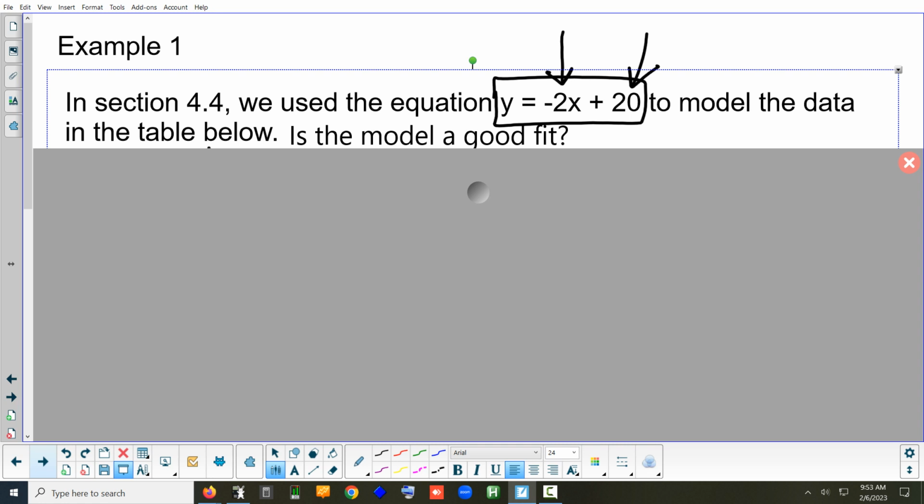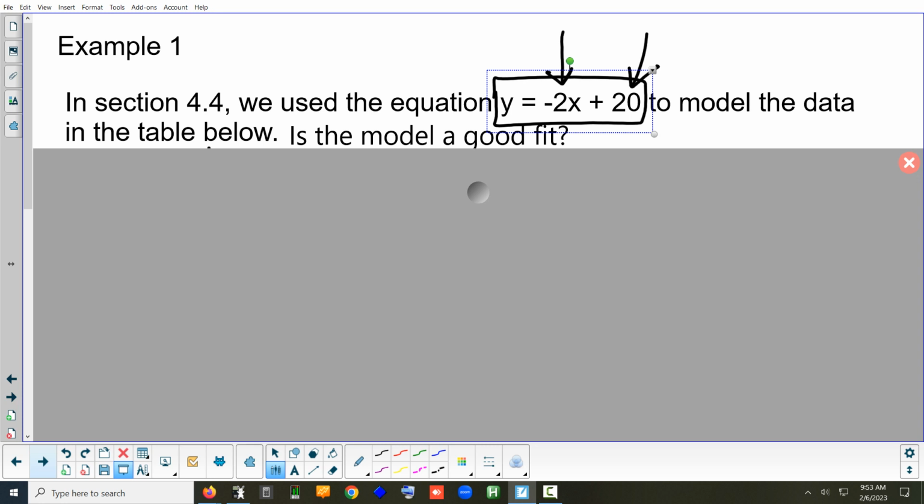You'd have a bunch of points, draw your scatter plot, take a ruler, draw a line the best you can, and then figure out your slope and your y-intercept. That step alone could take a couple minutes. But in this problem, you don't have to figure it out. They're giving you the equation that you would have gotten by doing all that work you did in the warm-up.